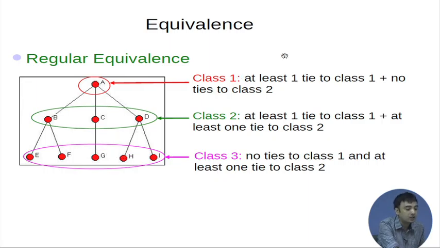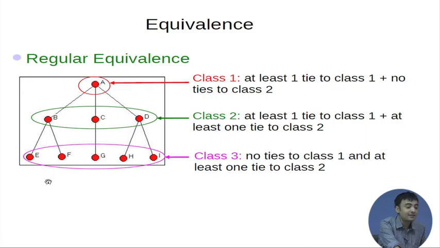Members of class 1 will have at least one tie to members of class 2 and zero ties to members of class 3. On the other hand, class 2 will have at least one tie to members of class 1 and at least one tie to members of class 3.